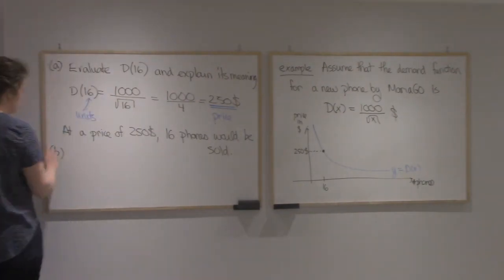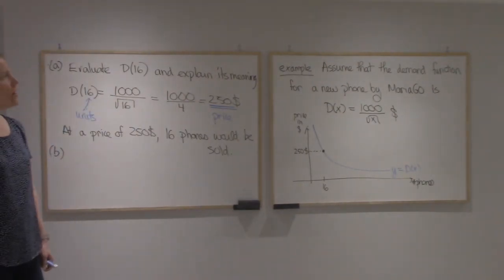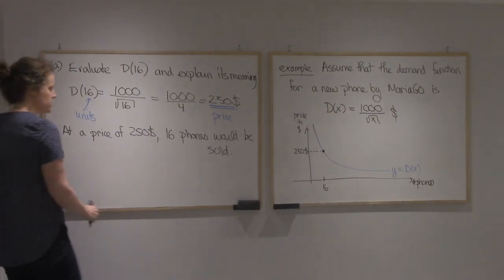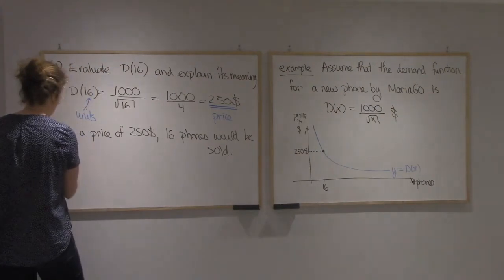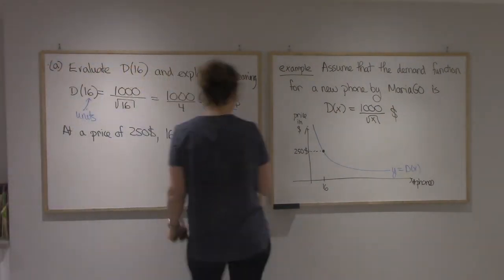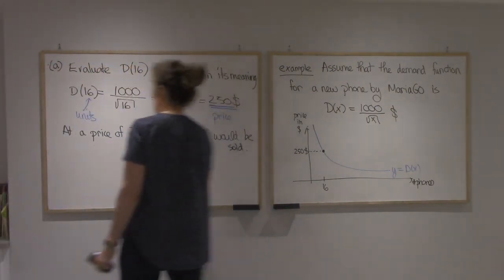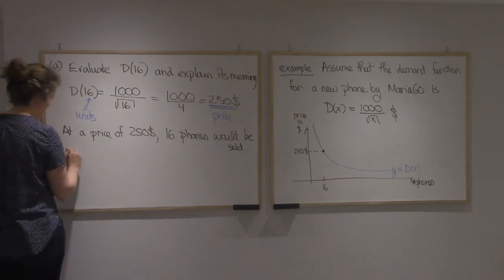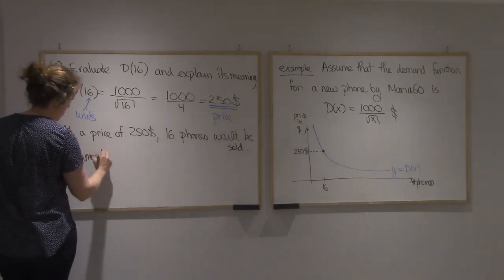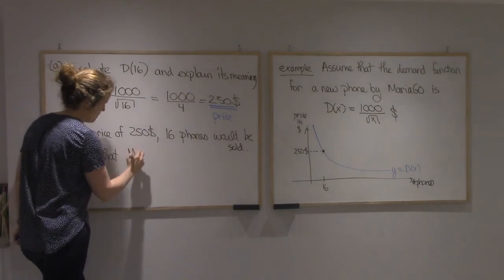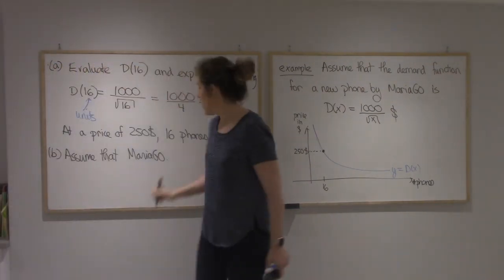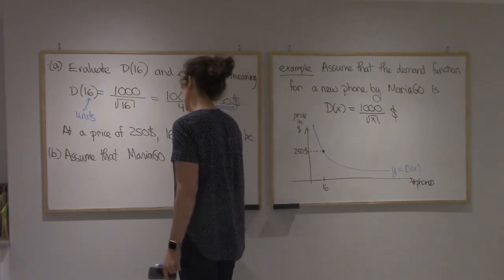Now, what if Mariago already had a price in mind? So let's say assume that Mariago wanted to sell for $200.